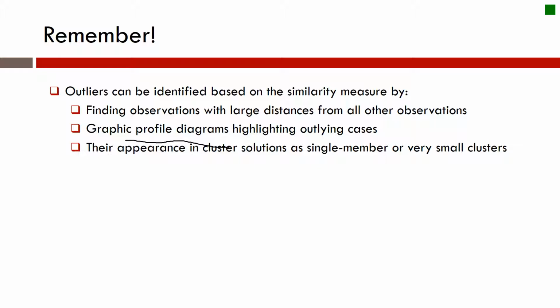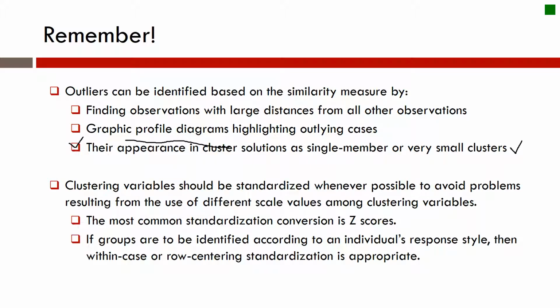Additionally, and probably more importantly, we can find outliers who form their own clusters, especially if an individual has not been assigned a cluster within 10 iterations of the process. That's something we would see in hierarchical regression. So that could be a way to identify our outliers as well.